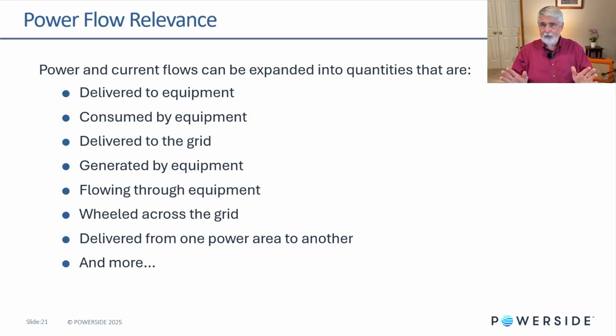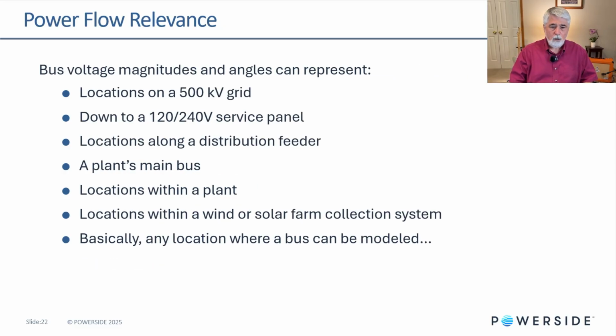Now, let's expand those just a little more, because those quantities can be considered delivered to equipment, consumed by equipment, delivered to the grid, generated by equipment, flowing through equipment, wheeled across the grid, flowing through a number of equipment items, delivered from one power area to another, and more.